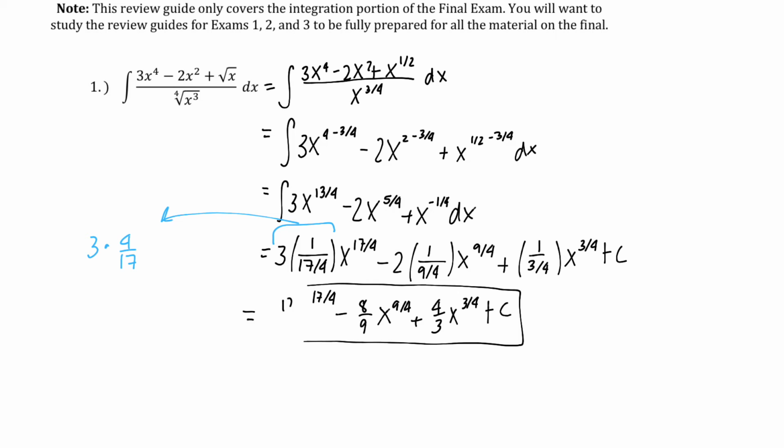This should be 12 over 17, which is my bad. 12 over 17, x to the 17 over 4. The rest of these are right. I just did that mental math very wrong in my head. So there you go. So you could do that with each of these. You could just multiply by the reciprocal instead. So this is 2 times 4 over 9, which is where you get 8 over 9. And then 1 over 3/4, the same as just 4/3.